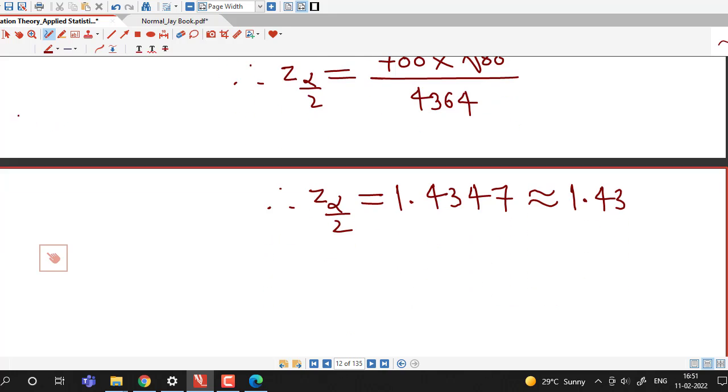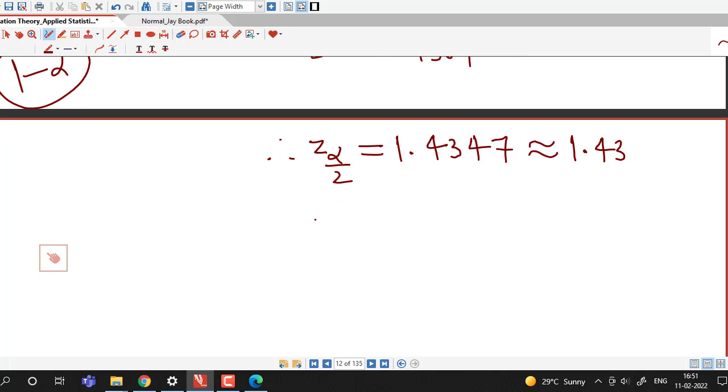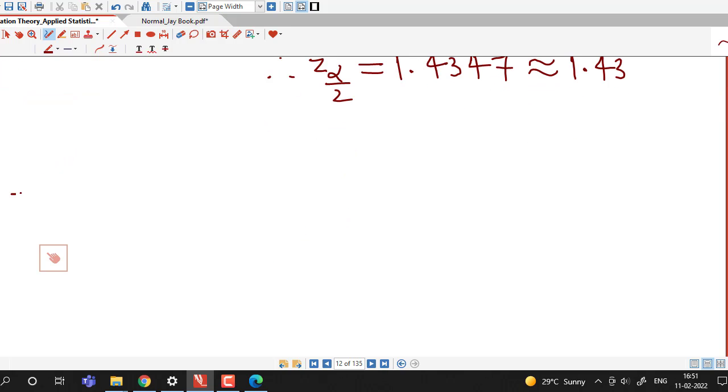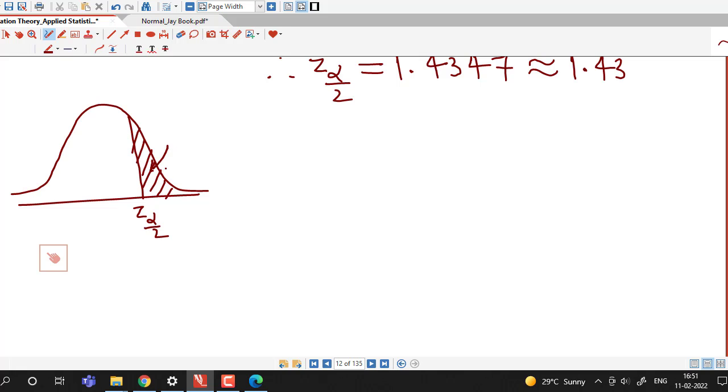Now we are interested in the value of 1 minus alpha, that is level of confidence, so that we can obtain using this value of Z alpha by 2. Now if we observe the standard normal curve, suppose we have Z alpha by 2 somewhere here, then this area which is to the right side of Z alpha by 2 is alpha by 2.